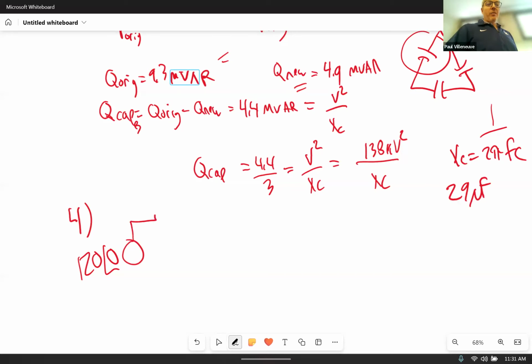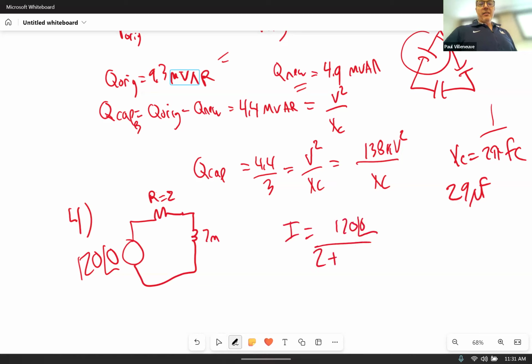Now we're going to add our resistor and our inductor, 7 millihenry. Now we can calculate the current, right?